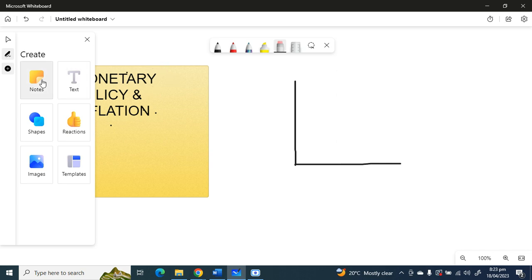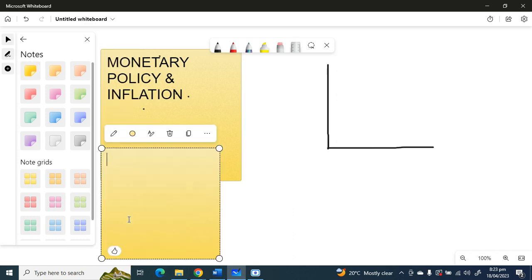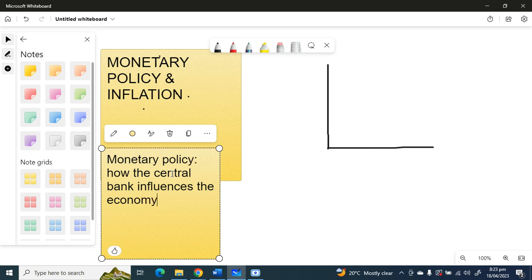Just want to type it out here. A central bank. In this case, for Zambia, our central bank is the Bank of Zambia, influences the economy through the money supply. Right.